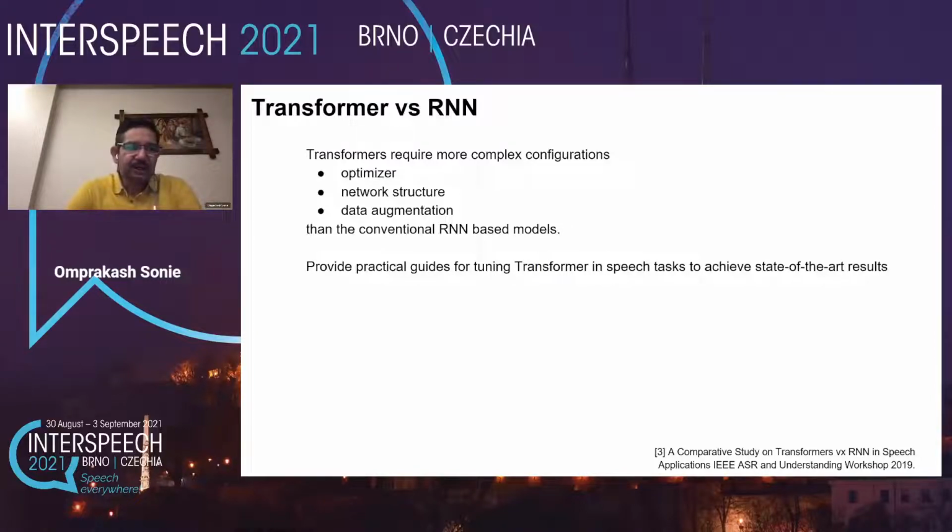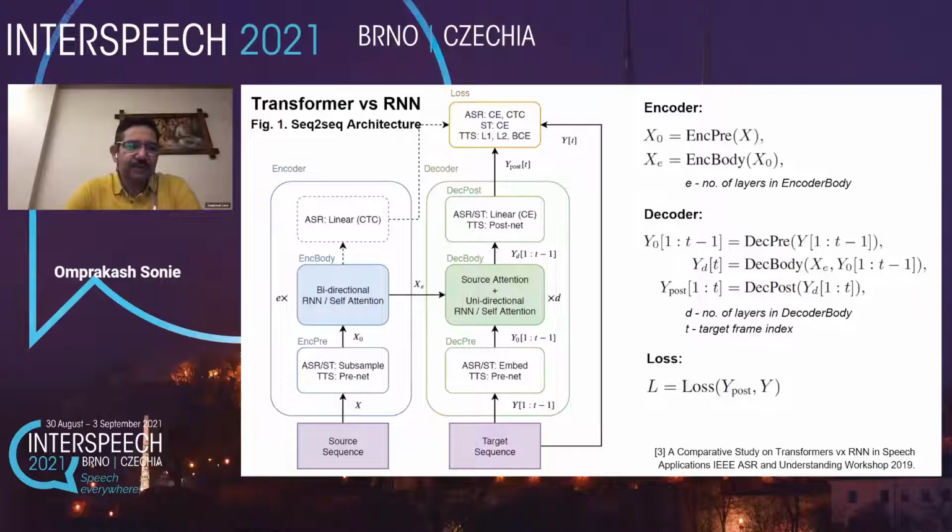Compared to RNNs, transformers are definitely more effective because you're able to do the computation in parallel. But the additional complexity is that you need to handle network structure, data augmentation, and the optimizer. So this study will help us identify how to tune the transformer architecture for speech recognition.